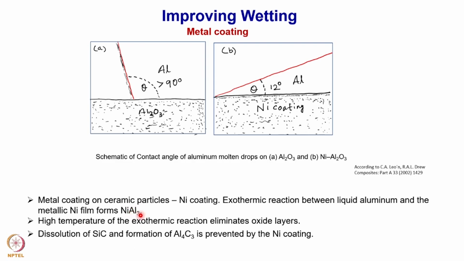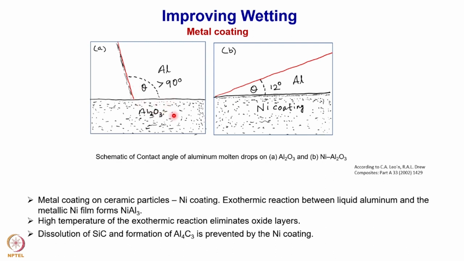And through such interfacial layers, the bonding will now happen because this kind of interfacial reaction product on the surface of the ceramic particles will actually decrease the contact angle. So that is what is being shown over here.